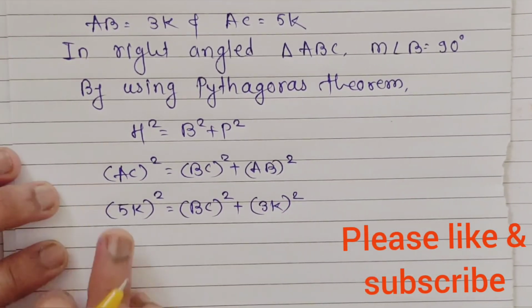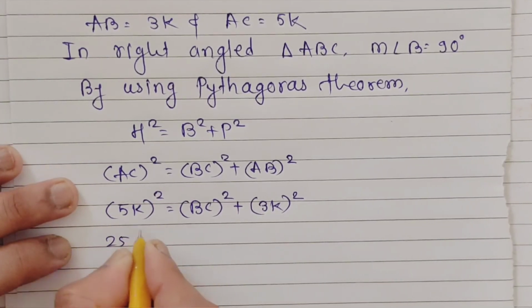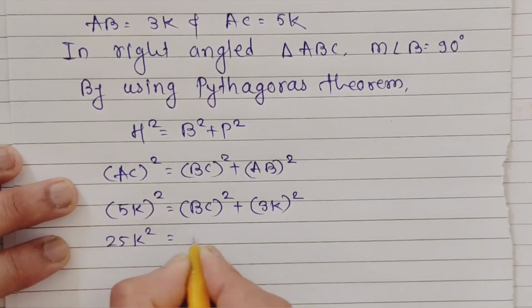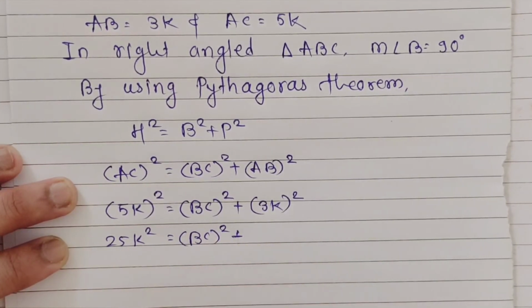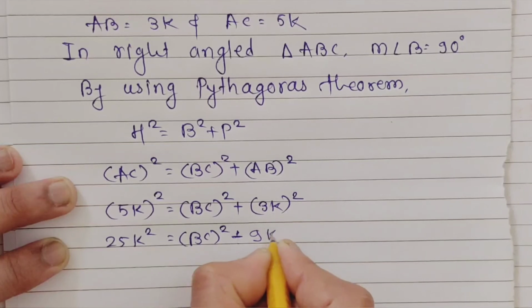So 5 square 25 into K square is equal to BC square as it is, plus 3 square 9 into K square.